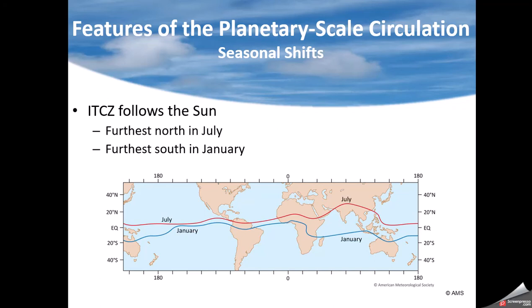And with that, notice it changes not much at all over the oceans. Why is that? Because the oceans take a lot to heat up. They don't actually have a lot of temperature change. However, over land, and especially over the Pacific and Indian Ocean regions, there is a tremendous change.